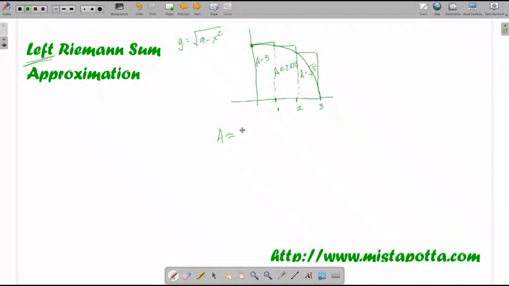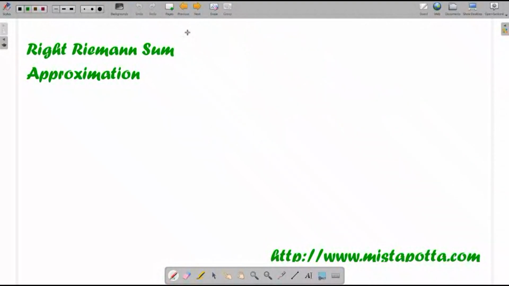And when I find out the total area under the curve using this left Riemann sum approximation, I end up with 8.064. Now, I know that this is an overestimate because I know that I am including area here, here, and here that is not part of the graph of the curve.